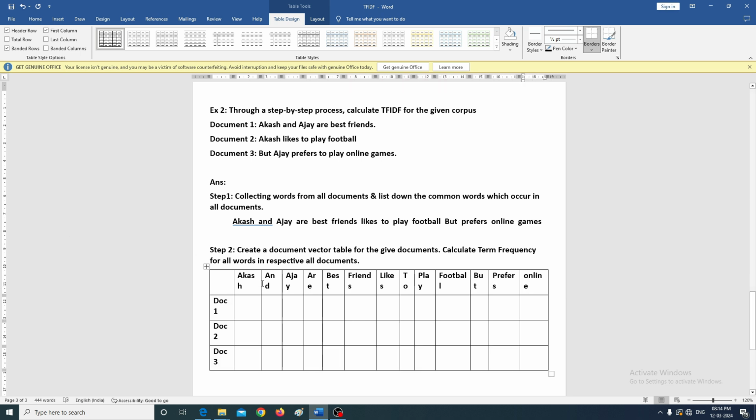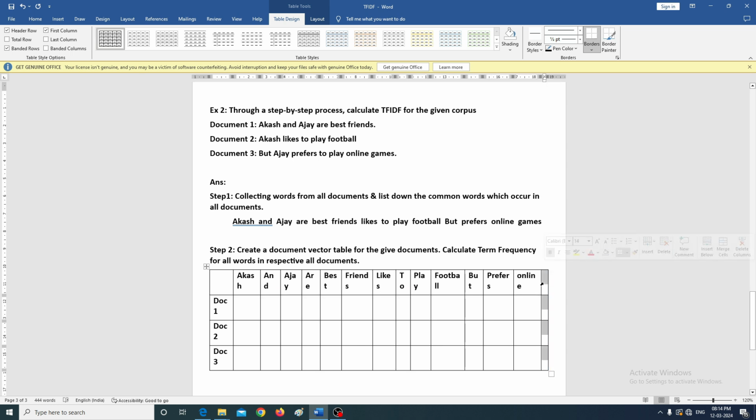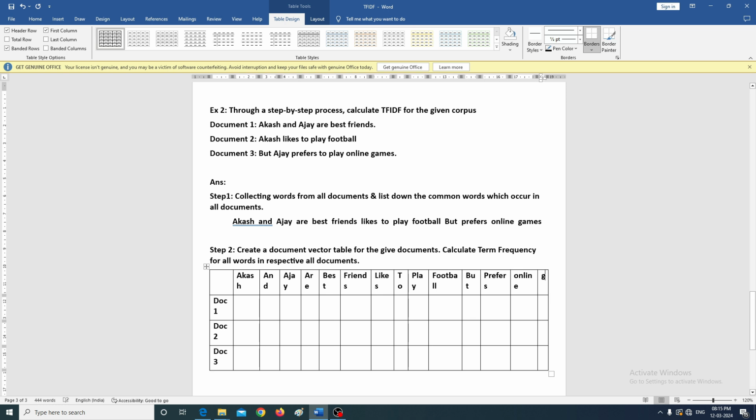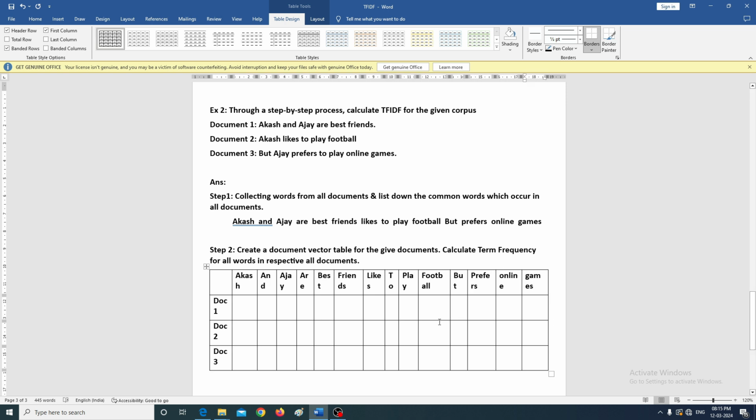I have missed one column here, sorry. Games is the new word. These are the words we have. This is the document vector table for the given corpus we have created.